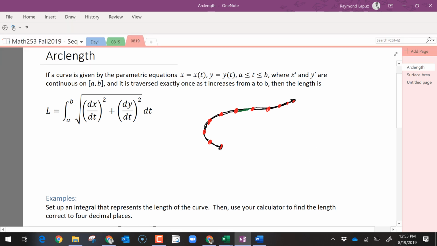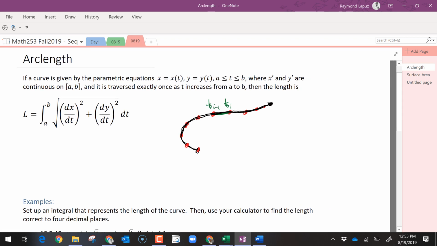Let's take this one line right here, between t sub i minus 1 and t sub i, the partition. And when I say t sub i, I mean the t value that you would put into the x and the y parametric equations to get your x, y value.